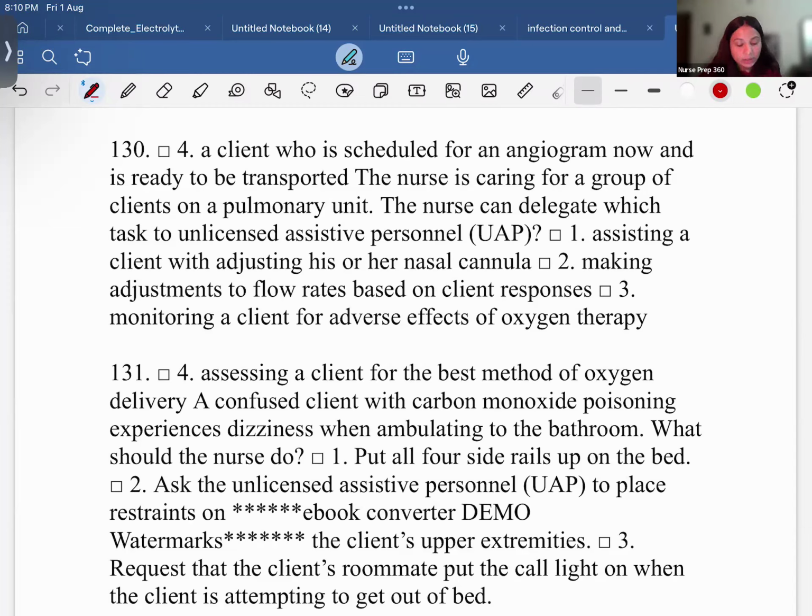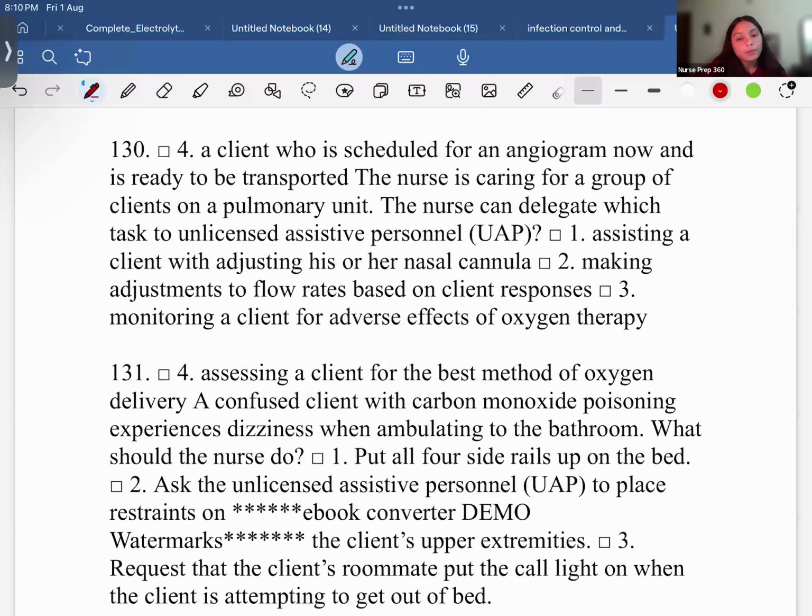Third option says this. I'm asking a UAP to monitor a client for adverse effects of oxygen therapy. Fourth, I will ask a UAP to do assessment of a patient to find the best method of oxygen delivery.